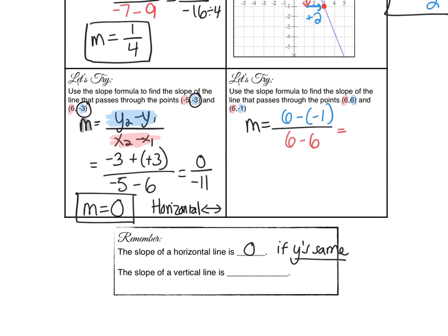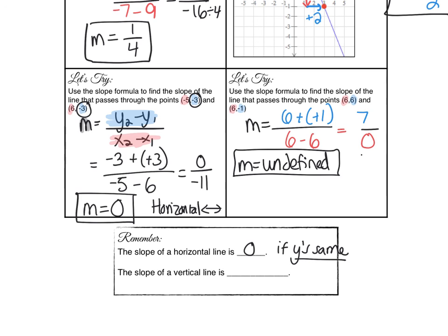Well, 6 minus -1 becomes a double negative becomes a positive, so it becomes 7 all over 6 minus 6 is 0. When you have 0 in the bottom of a fraction, that is considered undefined. If you were to plug this into your calculator, it would bring up an error. So the slope here would be undefined.